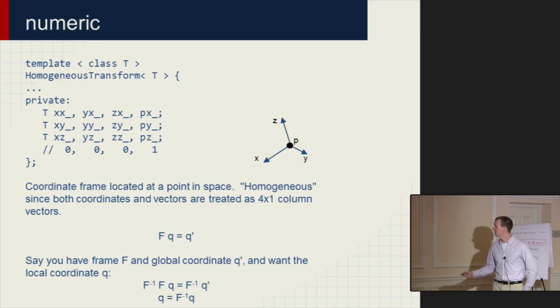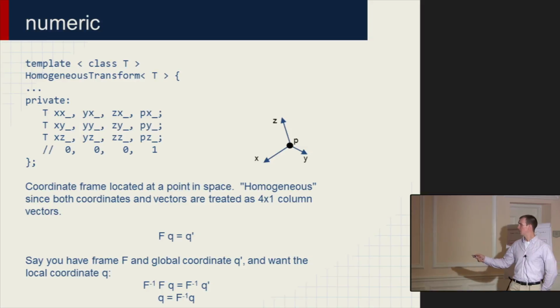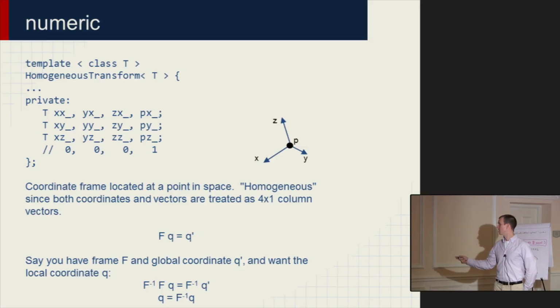Homogeneous transforms live here. They're, again, templated on their precision, so you can have a homogeneous transform of real or a homogeneous transform of float. They're 4x4 matrices where you have column vectors representing, say, 3 axes, an x, a y, and a z axis, and then a fourth column representing a point in space where you have this coordinate frame.